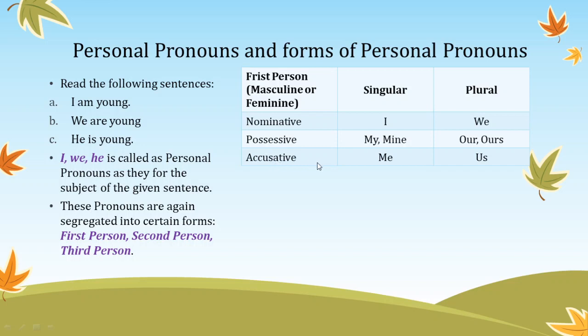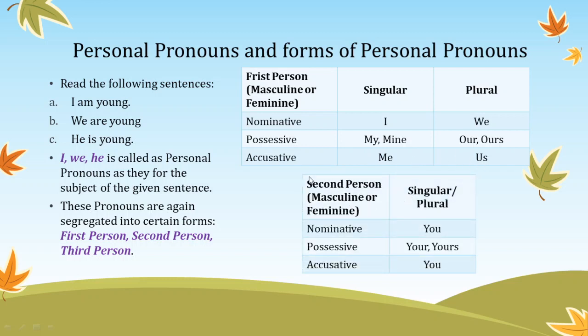Coming to the next, accusative first person, it's me for masculine and feminine, and us for masculine and feminine in plural. So this comes under first person of forms of personal pronouns. That is I to we, my, mine to our and ours, me to us.